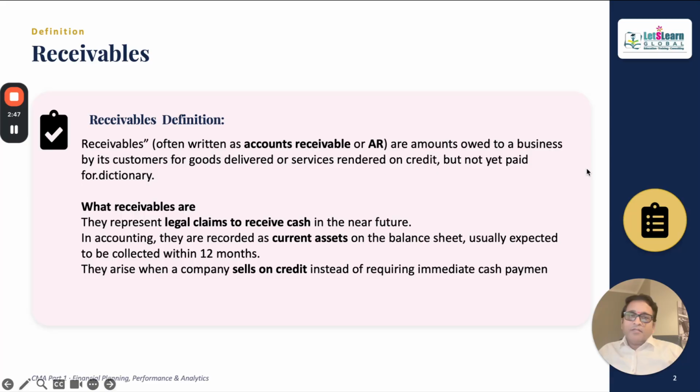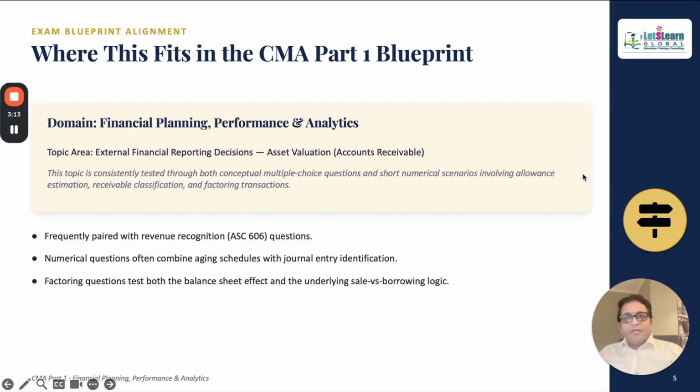Mostly in trade activities, the receivables are given a credit for a period of 3 to 4 months, a maximum period of 1 year. When we sell the goods on credit, until we collect the money, the credit period can be around 2 to 3 months or 6 months, max to max 1 year.